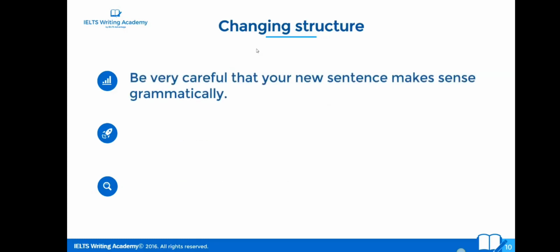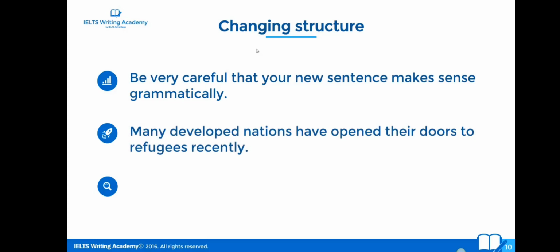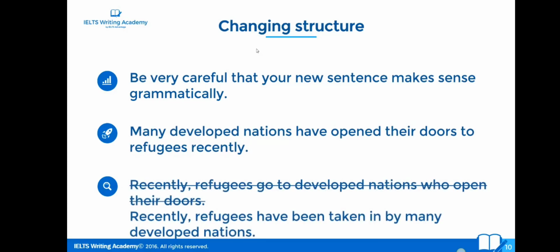So, changing the structure: be very careful that your new sentence makes sense grammatically, all right? When you're changing the structure around, make sure that the words are all in order and that the grammar is all correct. Many developed nations have opened their doors to refugees recently. Some people would say, recently refugees go to developed nations who open their doors.